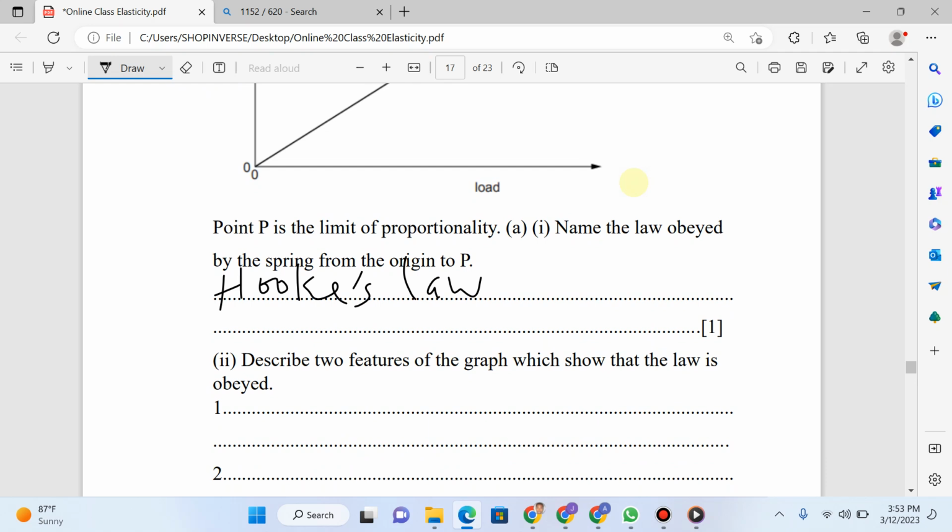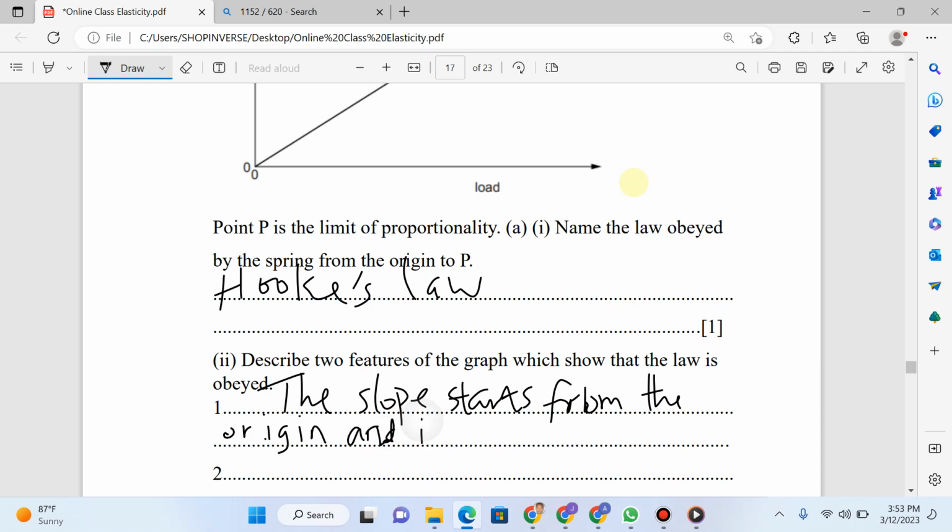Number one, the slope starts from the origin and increases along both axes.